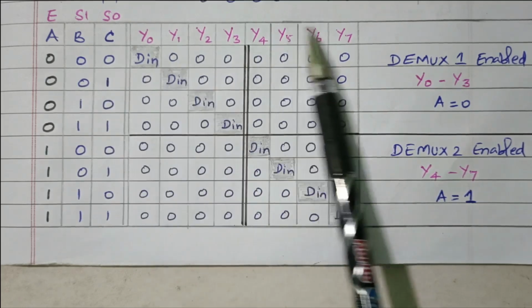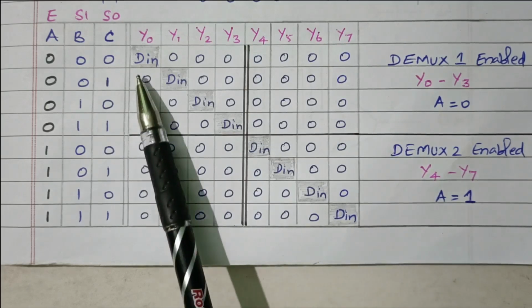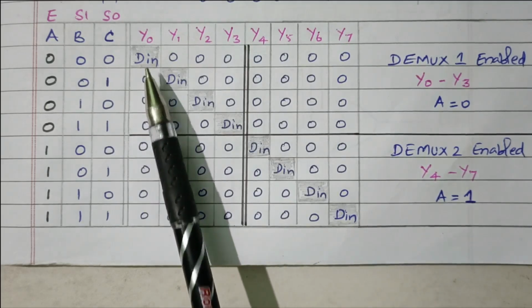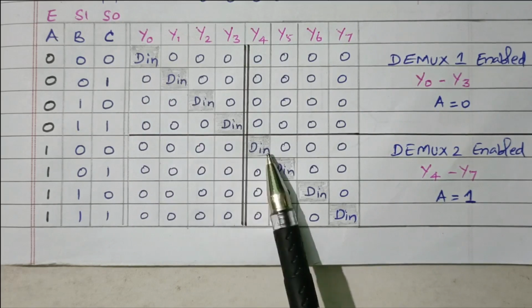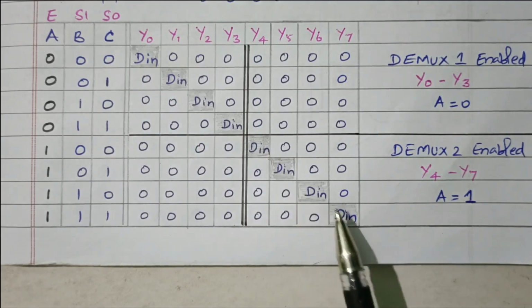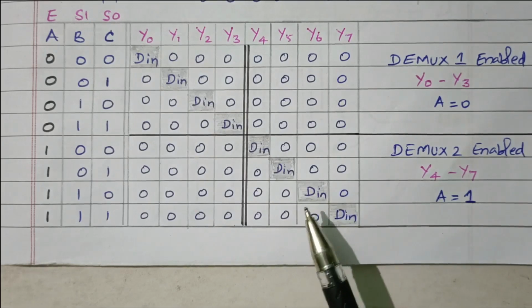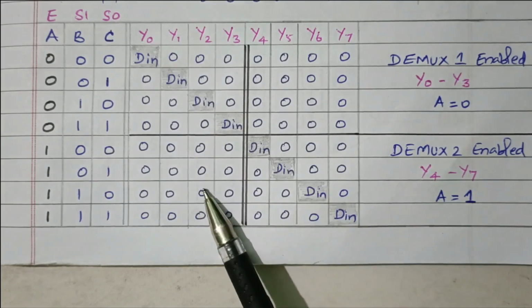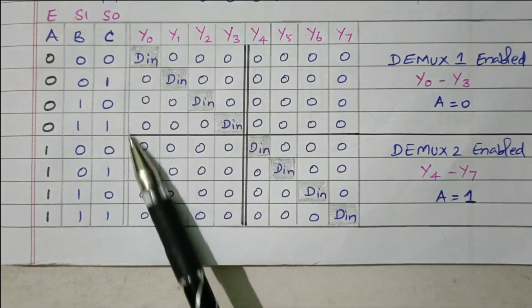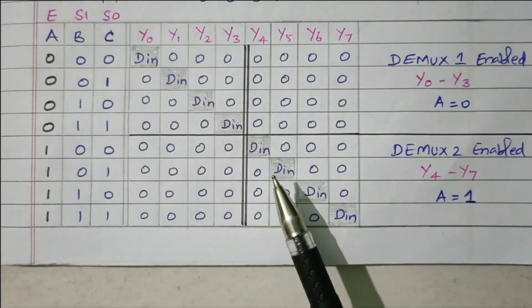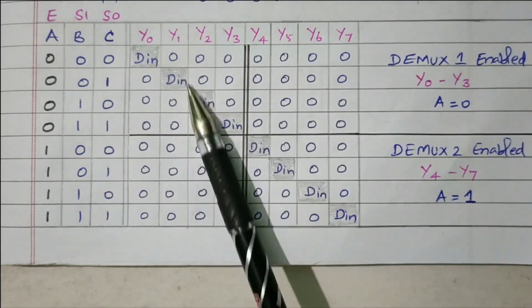So by seeing the complete truth table, we got the output from Y0, Y1, Y2, Y3, Y4, Y5, Y6 and Y7. So these are the 8 different outputs, right? So we are getting the output of a 1:8 demultiplexer by using two 1:4 demultiplexers.